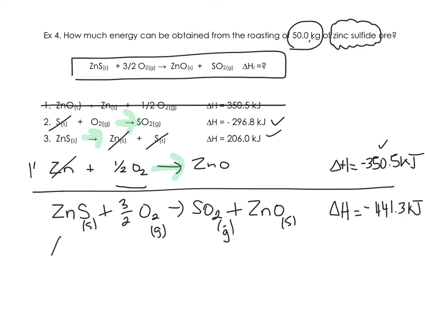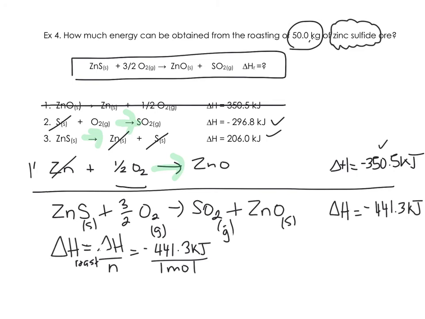So if we make this a molar enthalpy, well, let's call it roast, is the enthalpy change for the reaction divided by the number of moles. So this is negative 441.3 kilojoules divided by 1 mole, because the coefficient in front of zinc sulfide is 1. There's 1 mole of zinc sulfide.